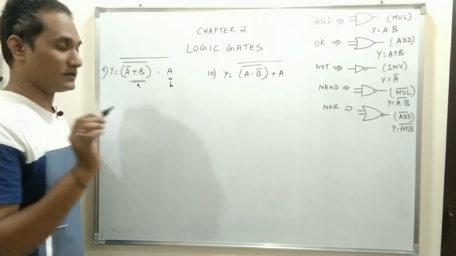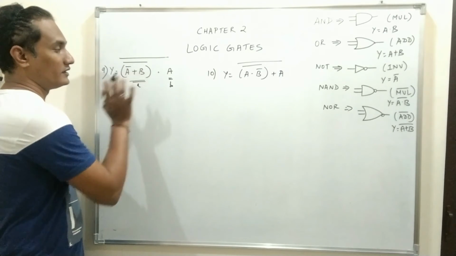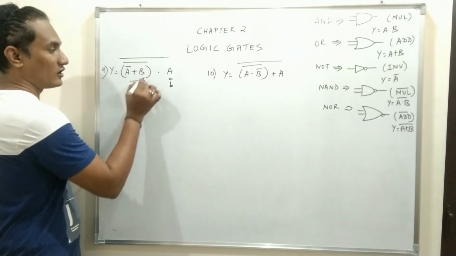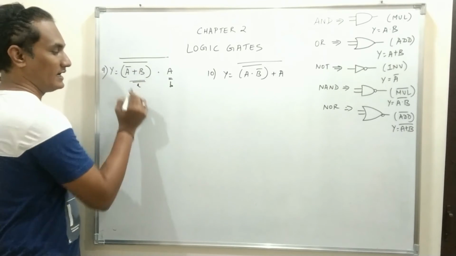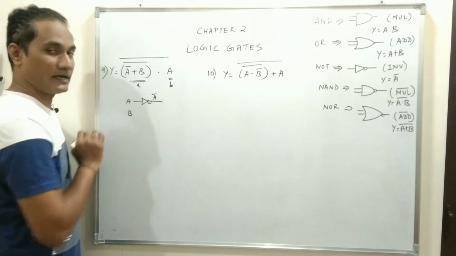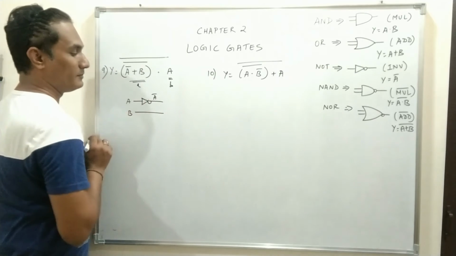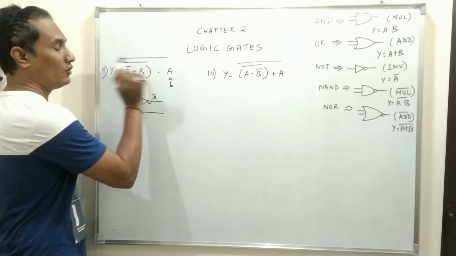So see carefully how I am executing the equation. First we will solve A. How we will solve A: A and B are the two variables, and a bar sign over A. So A bar, B you have to keep as it is, and how are these two expressions connected, plus and has been whole complemented.